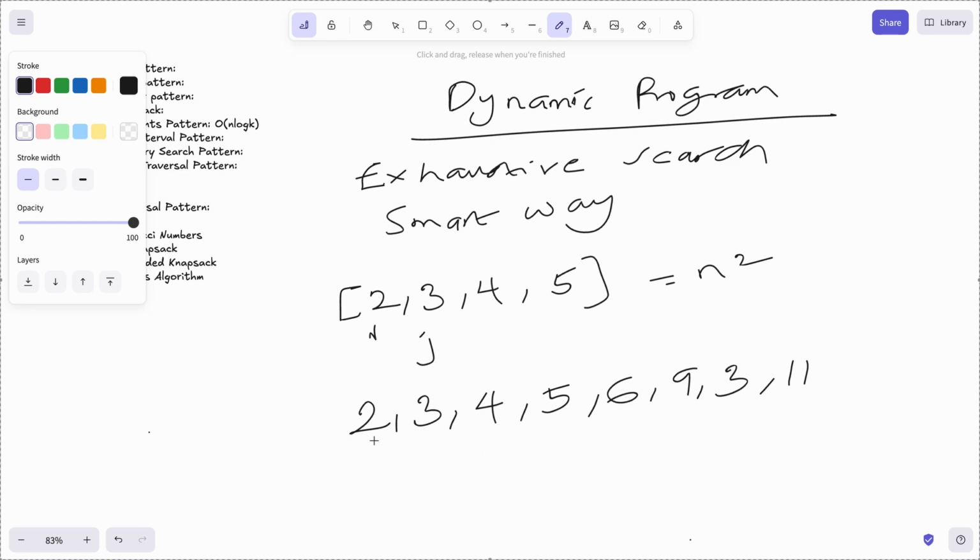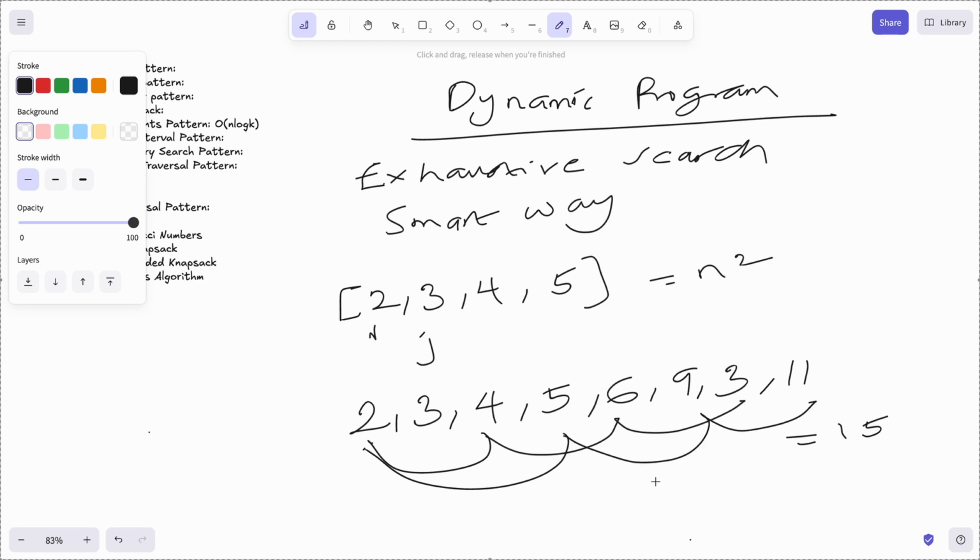What that means is that you could pick 2 and then sum it with 4, pick 4, sum it with 6, pick 6, sum it with 3, and then determine what sum this is. This is 15. The other way you could pick is to pick 2, then jump to 5, then from 5 pick 9, from 9 pick 11. In that case the sum is 27.